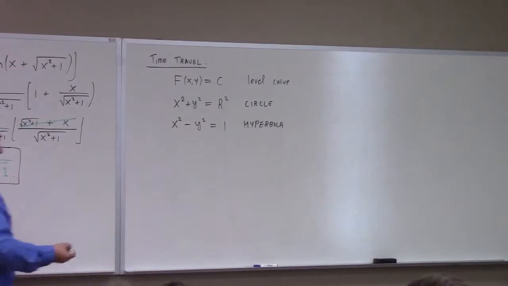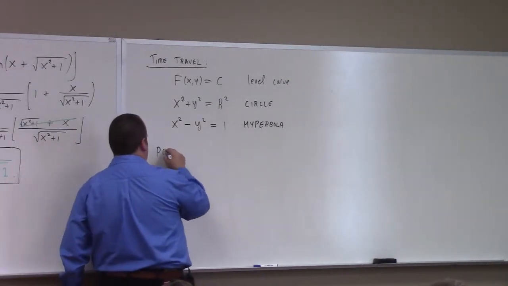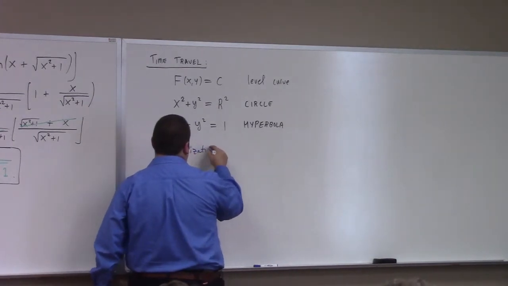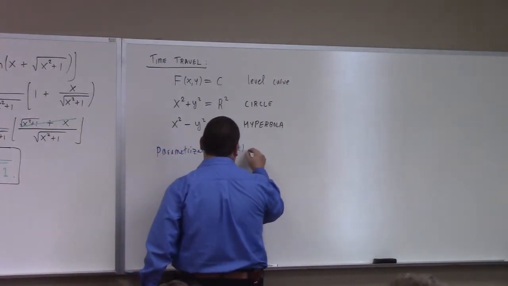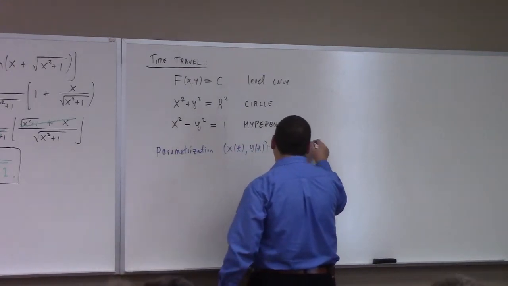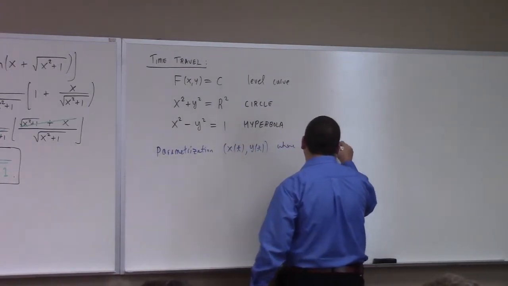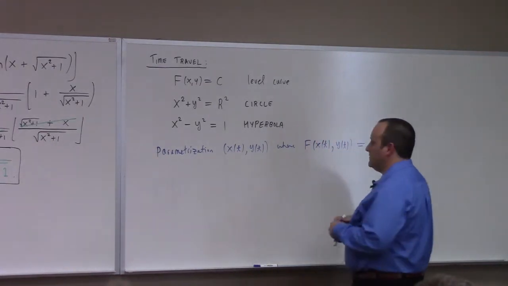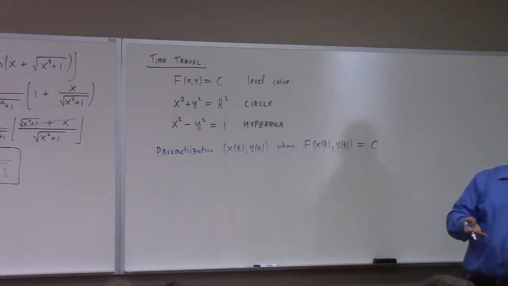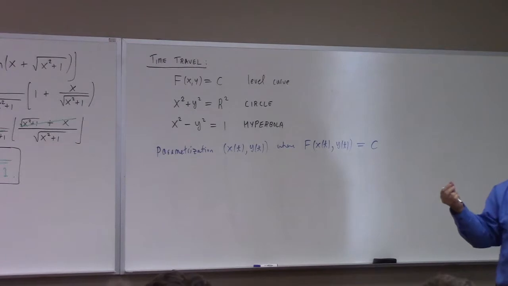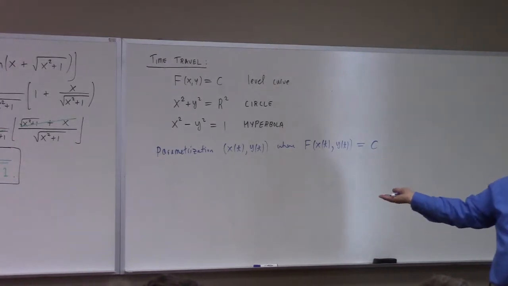It looks like x of t, y of t, where if we plug x of t and y of t into the level curve equation, we get back a constant. In other words, it's a formula for x as a function of time and a formula for y as a function of time, such that when I plug it back into the equation, it works.